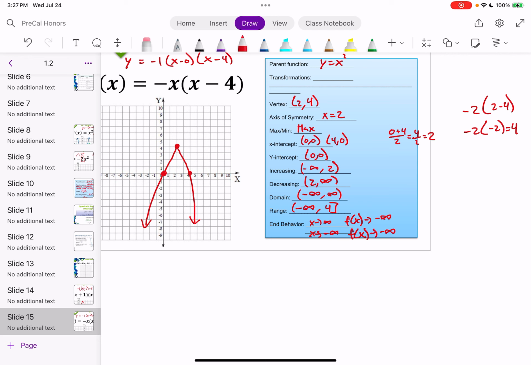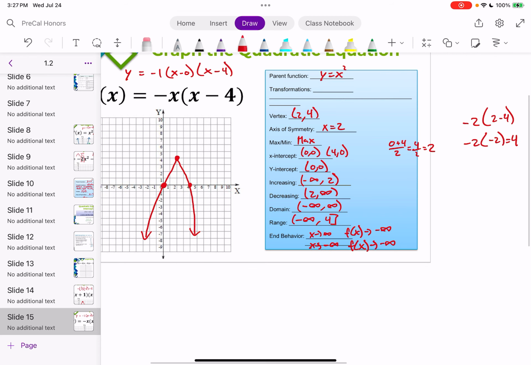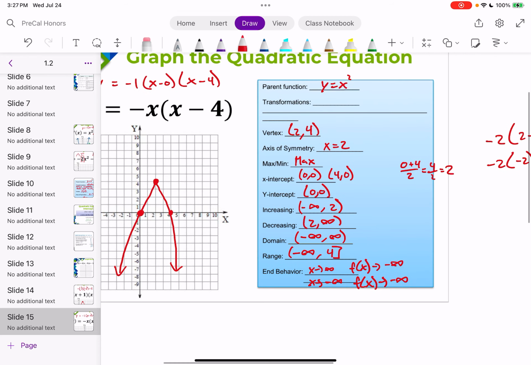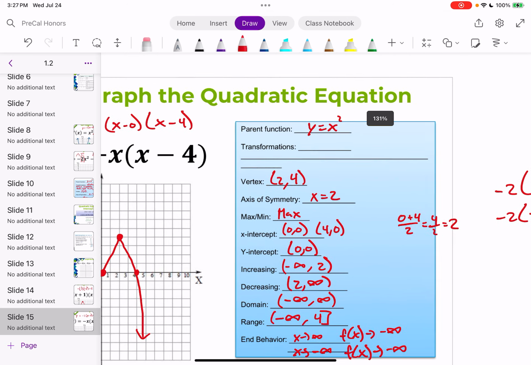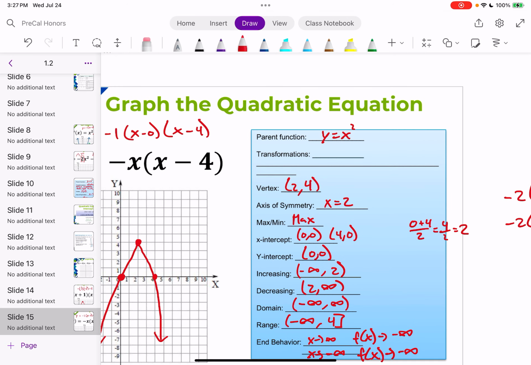We go ahead and take a look at our transformation. In this case, we have a horizontal reflection of the x-axis.